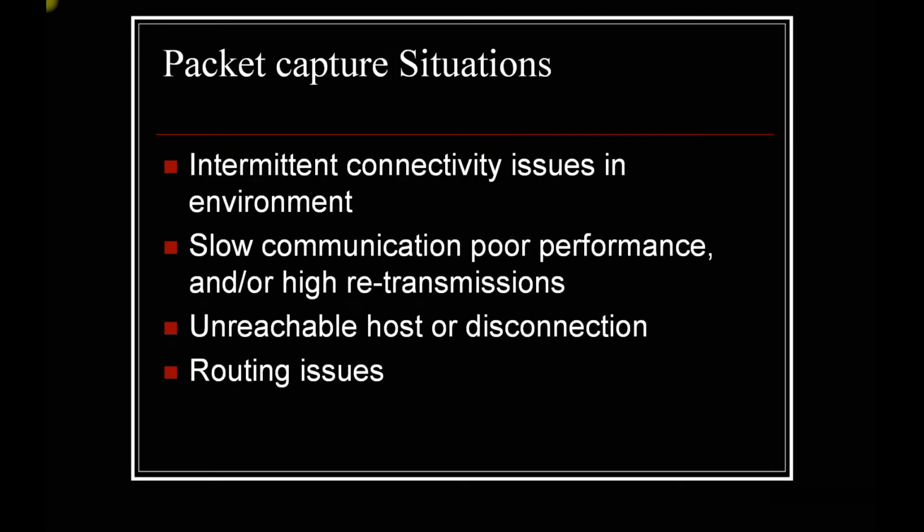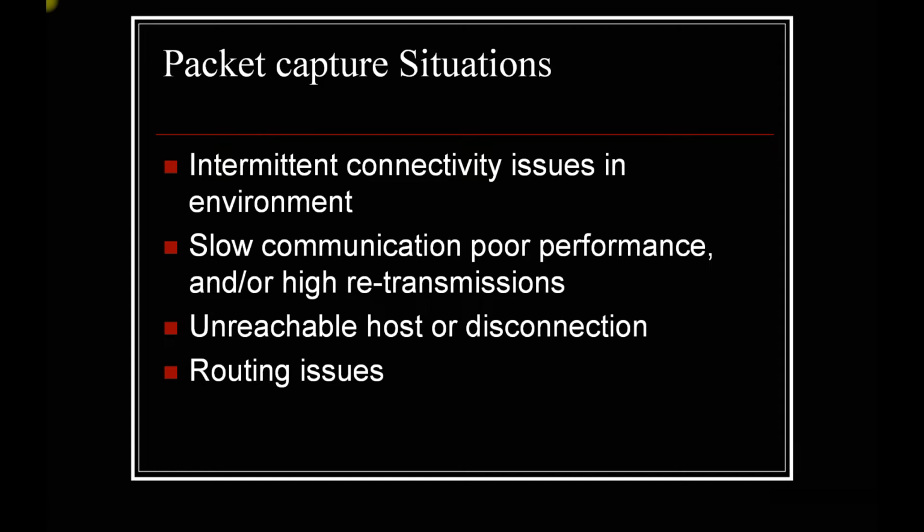Now next is, in what scenario do we capture the data. The main important reason is that whatever the issue in our network, maybe it is on the system or it may be outside or anywhere in the network, to find out that cause we capture and analyze the data.